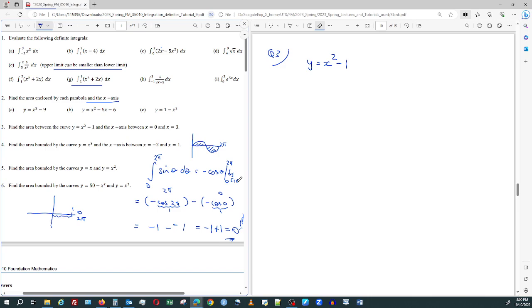Clearly the area of the sine wave is not 0. We have to do it twice, or separately and independently. And this little section here, these couple of questions, suffer from this particular problem. So if we have a look at y equals x squared minus 1, and it's giving us particular limits. So it's suggesting to us that if we integrate between here and here, that this won't be a problem.